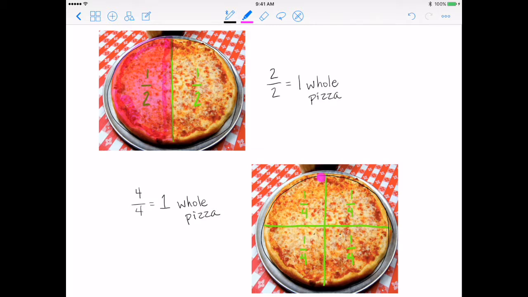I need to color in 1, 2 of my 4 pieces to have the same amount that I had in 1/2. So, right now you can see visually that 1/2 is equivalent to 2/4. These are equivalent fractions.